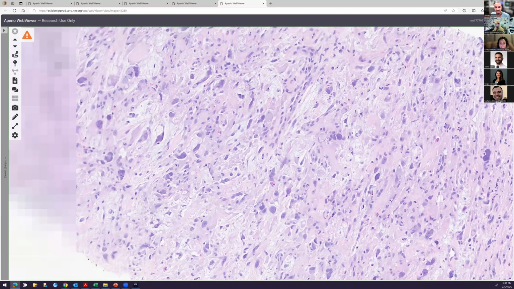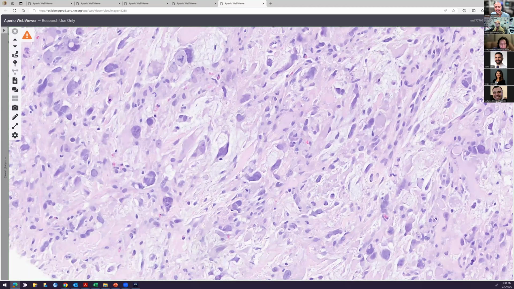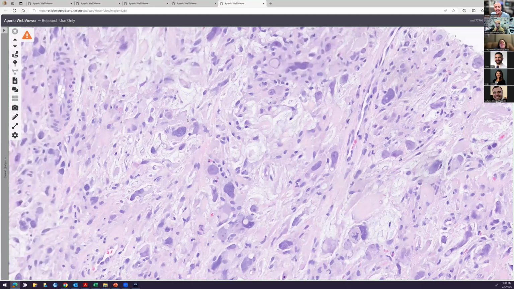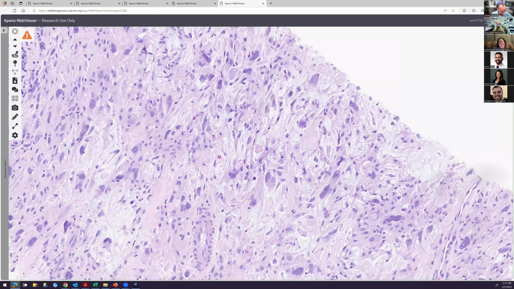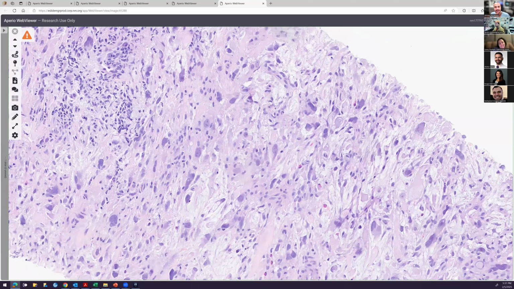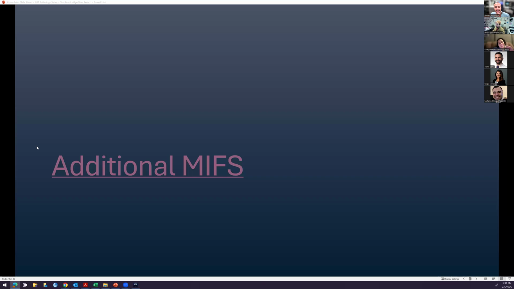So this is one of those where maybe it began its life as a MIFS, but then it transformed. So this is what that might look like. Okay. Cleveland Clinic also said that, so I'm not the only one that put it in my comment.